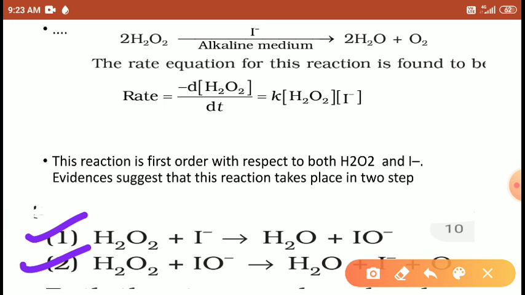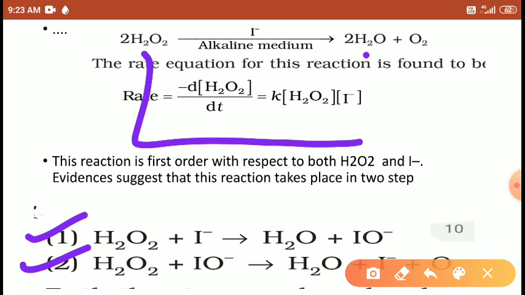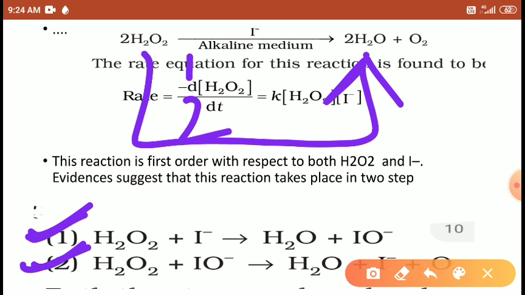In the initial step, the products are not formed directly. The formation of this product involves two steps. The hydrogen peroxide reacts with the iodide to form water and the iodine oxide, right?